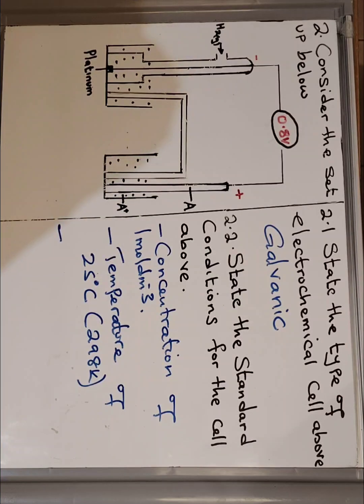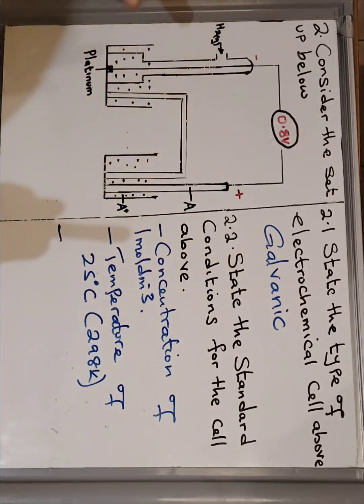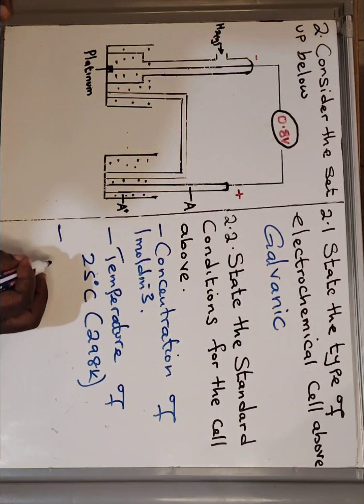Now, the third condition sometimes applies to some cells and not others. It will apply to this one, because this condition comes when you have a gas involved. In this case, we have a gas involved. We have hydrogen entering here. So it is the pressure of the gas.